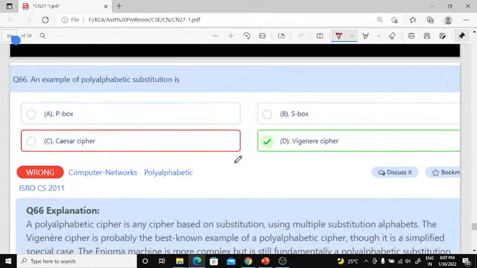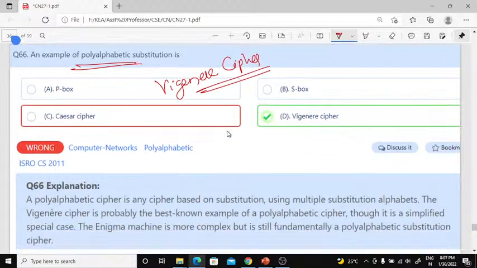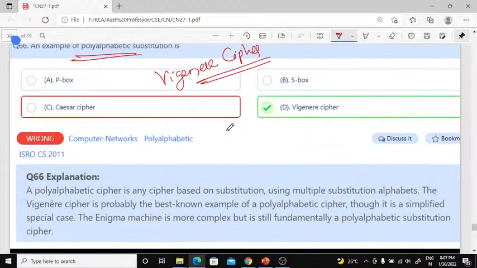An example of polyalphabetic substitution is the Vigenère cipher. A polyalphabetic cipher is any cipher based on substitution using multiple substitution alphabets.